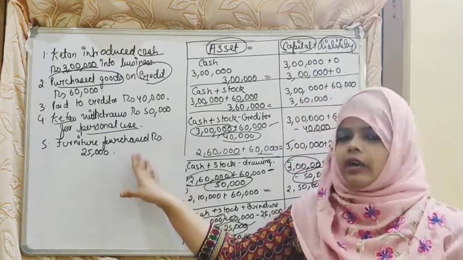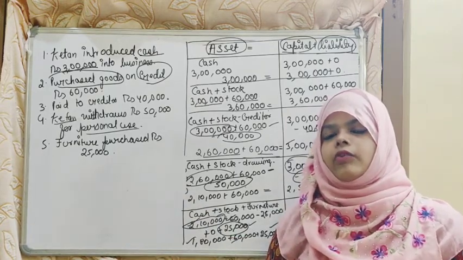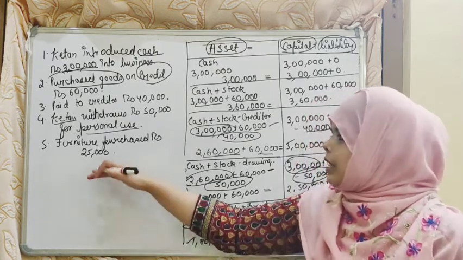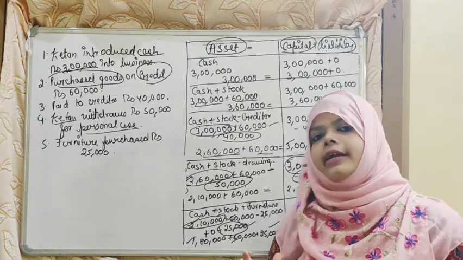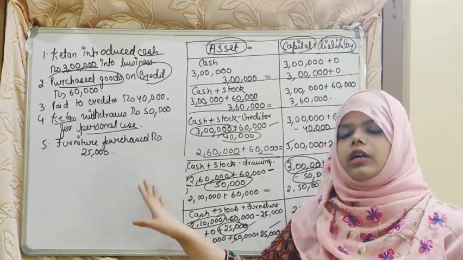If I tell you 10 transactions at a time, it won't make you understand how to perform the various transactions. So let us take a set of 5 or 6 transactions at a time in one class to better help you understand the accounting equation.